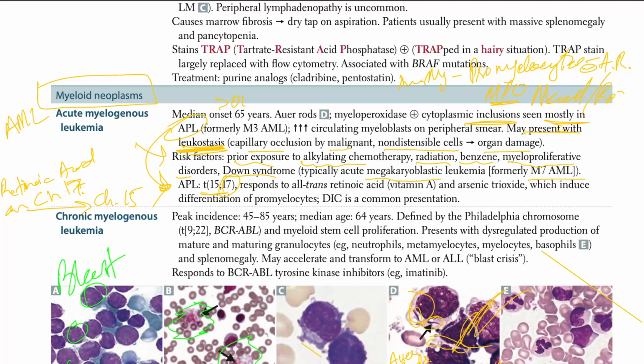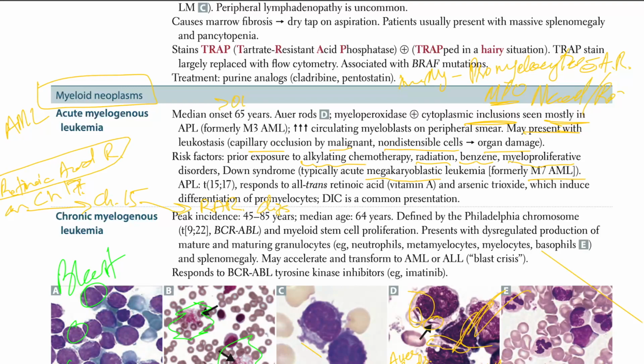So I hope you get the point. I can write it down here. On chromosome 15, when the translocation occurred, this translocation leads to RAR, the retinoic acid receptor, being disrupted because it has been translocated.